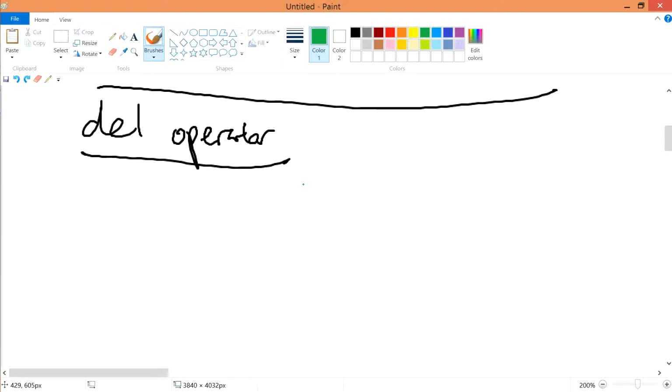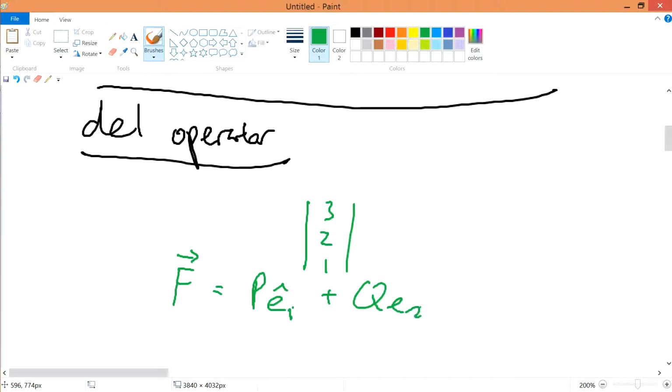Some vectors, maybe (3, 2, 1) is a vector. But the vector f, I want to convey over here, can be rewritten in this form: P e1 hat plus Q e2 hat plus R e3 hat.